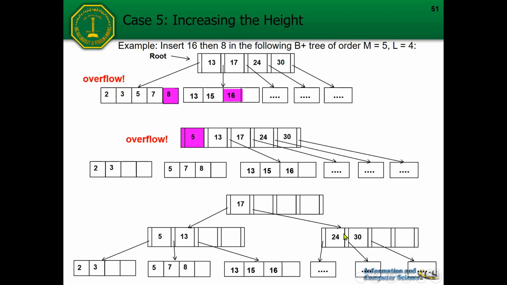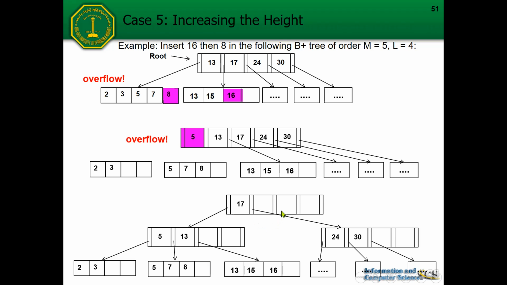Maybe you will ask me why we can take 17 to become the key even though M is 5. You can see that if we calculate the minimum number of keys for this node, that should be 5 divided by 2, which is 2.5. Apply the ceiling operation, then you will get 3. Then you subtract 1, that will become 2.